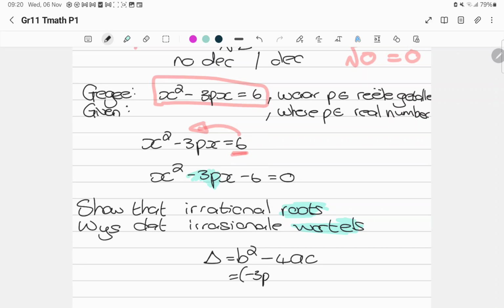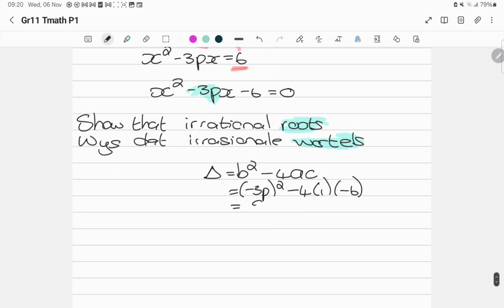So it's minus 3p squared minus 4, a will be 1, and c will be minus 6. If I calculate this, I'm going to get 9p squared plus 24.